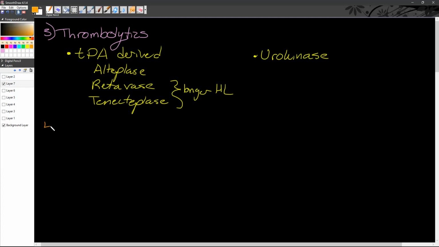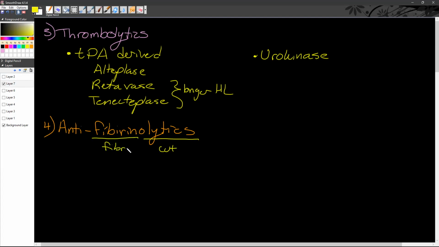The last category of drugs that we're going to use are fibrinolytics. So lytic means to cut. Fibrin means fibrin.